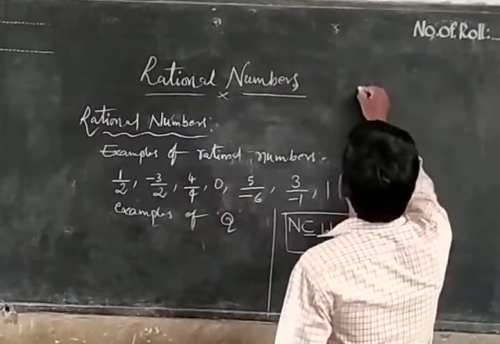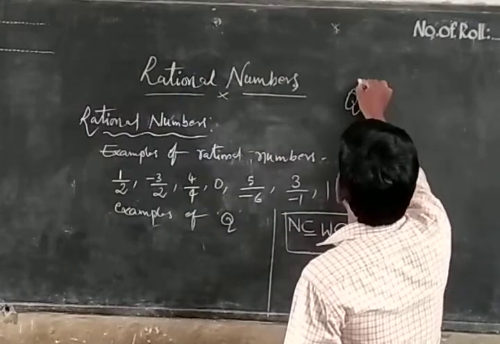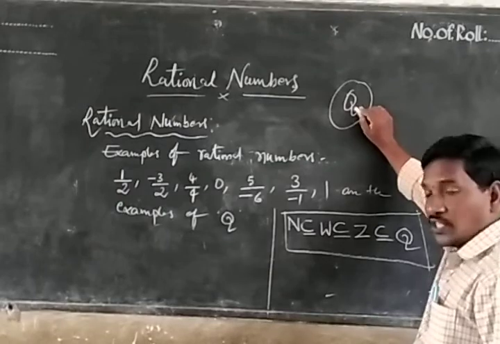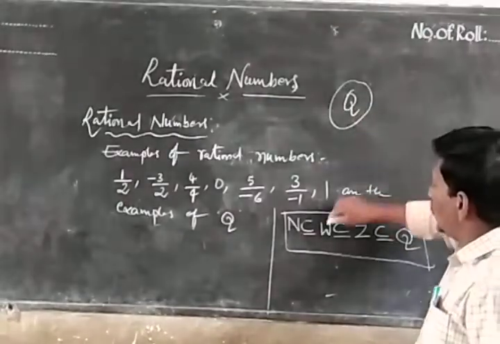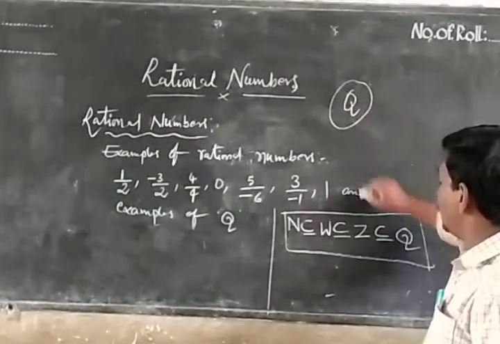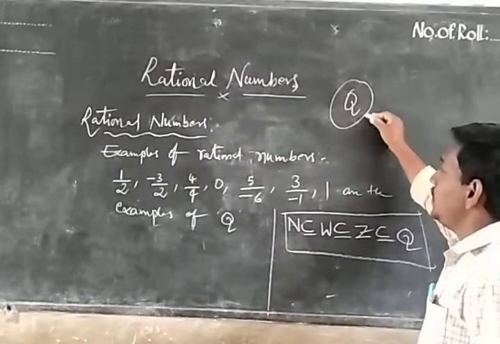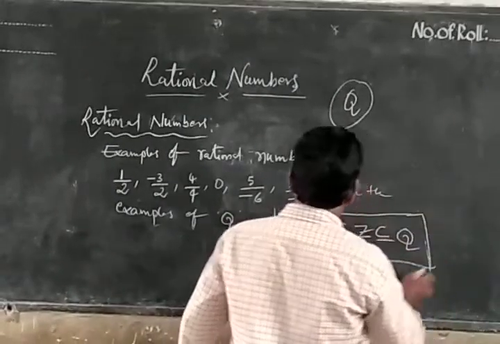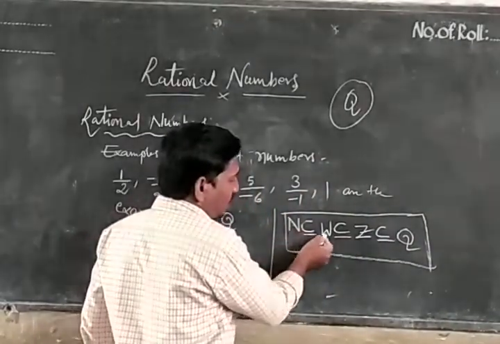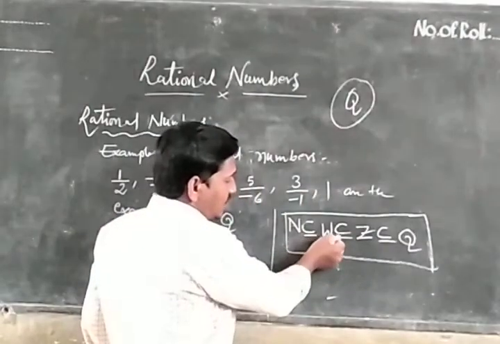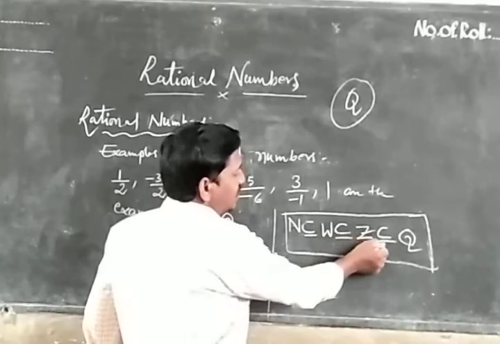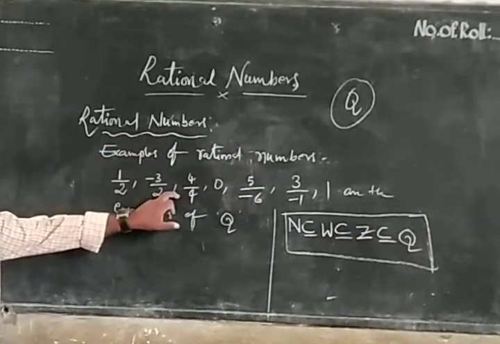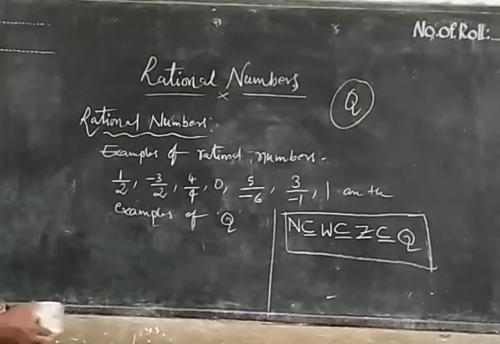So in Q, that means rational numbers, you can see natural numbers, whole numbers, and integers. So these are the examples of Q. Write down this box: N subset of W subset of Z subset of Q.